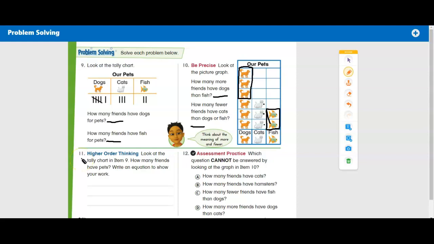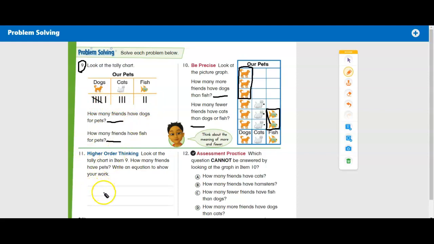On number 11, it says, look at the tally chart in item 9. So that is the tally chart for problem number 9. How many friends have pets? Write an equation to show your work. So on number 11, they want to know the total number of friends that have pets.